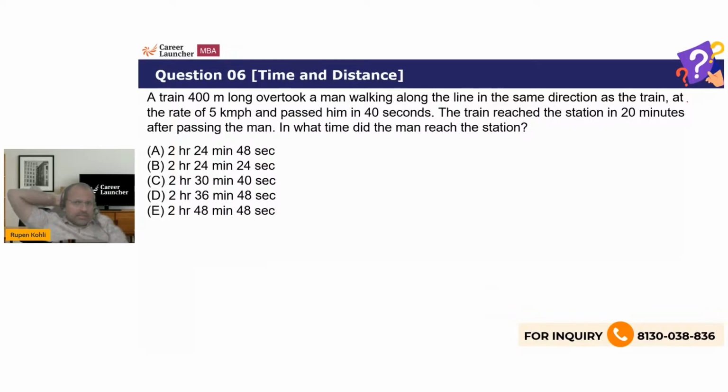The train reached the station 20 minutes after passing the man. So there's a question first of crossing of objects. The train crosses the man, but it does not stop there. It's not just about crossing. It actually is a full question further, which we have to figure out. The train is reaching a station in a certain time. In what time will the man now reach the station?